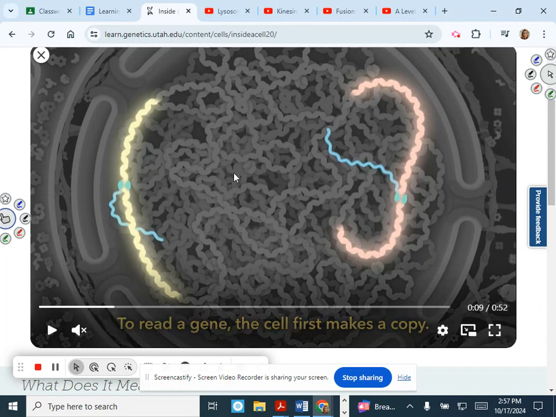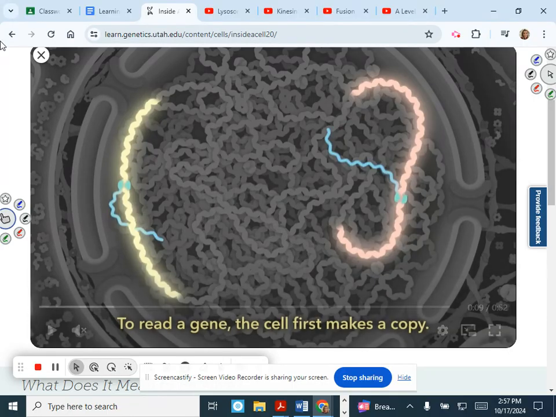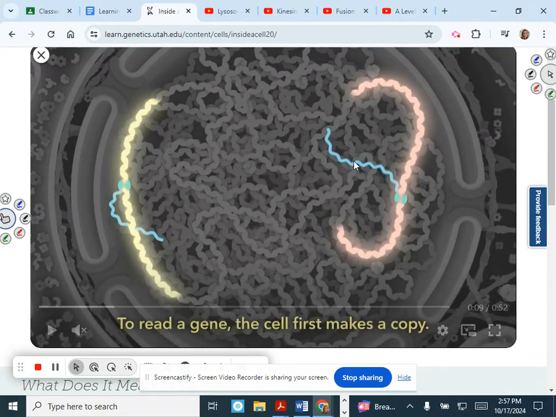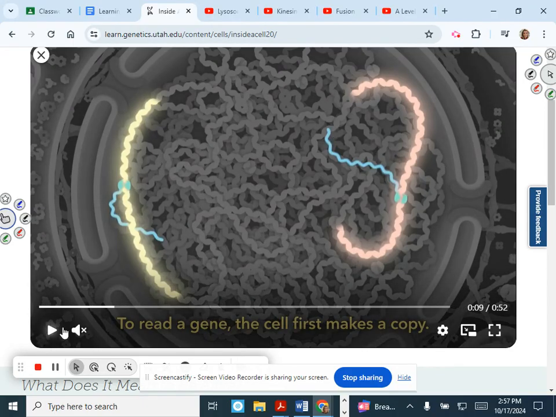Now, our DNA is an important molecule. We don't want anything to happen to it. So instead of just sending the instructions, the DNA, out to our ribosome, we're going to make a copy of it. So in the nucleus, the cell is making a copy of the DNA gene. It's making a copy of the instructions, and basically this copy is going to tell the ribosome how to build a protein.